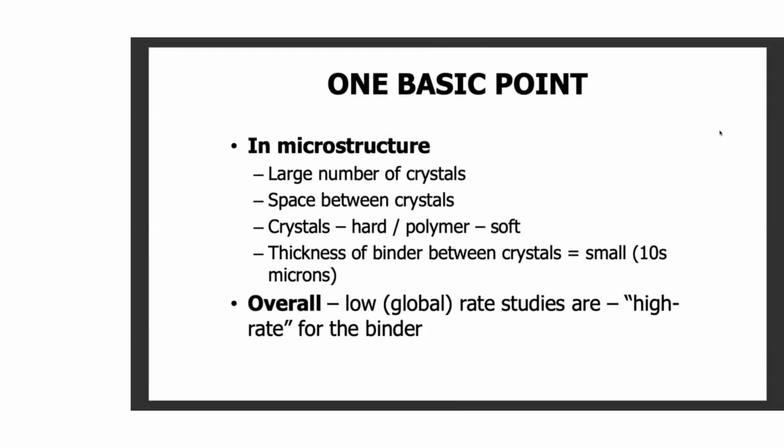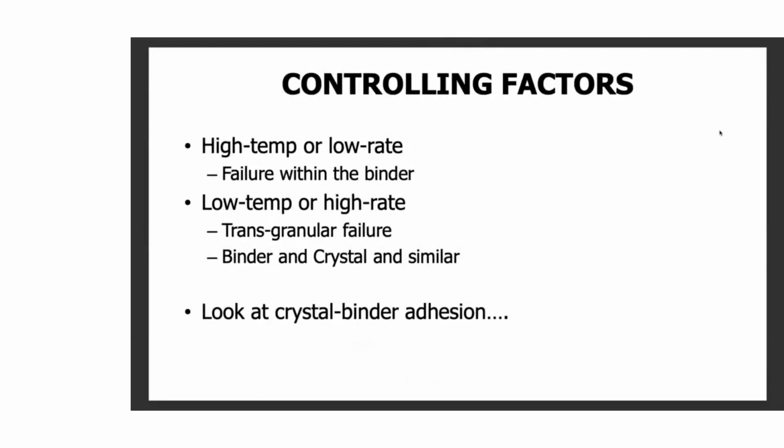So one thing we know about polymers is they change their properties very strongly with temperature. And we know that if we have a high temperature or a low rate of strain, we tend to get failure within the binder. But if we go to low temperature and maybe take the polymer below a glass transition point where it becomes much stronger, or we go to a high rate, we tend to see transgranular failure.